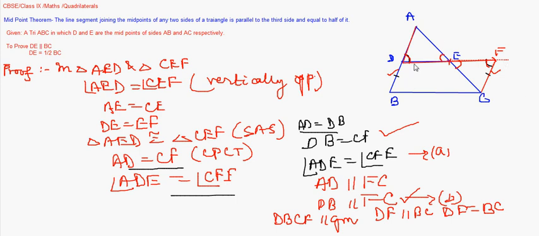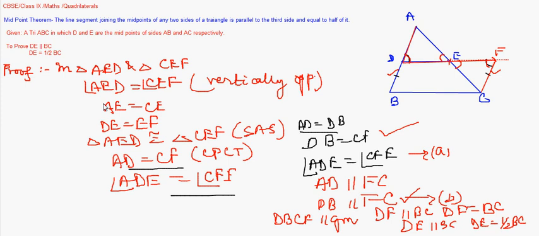Therefore DE is equal to EF, and DE will therefore be parallel to BC as well as half of BC. This is the theorem of midpoint.